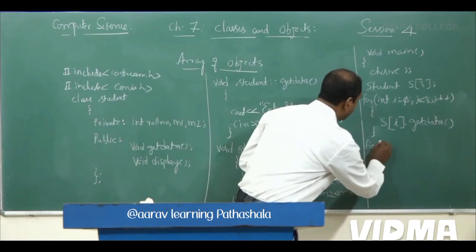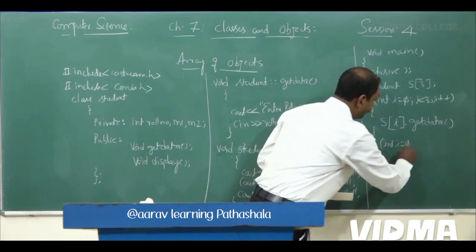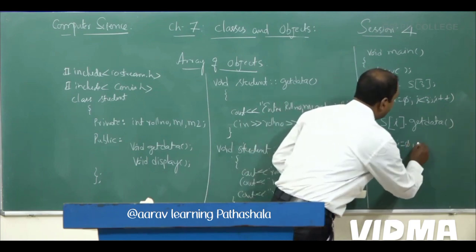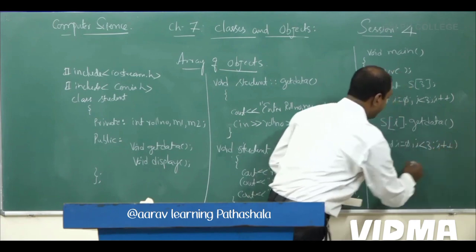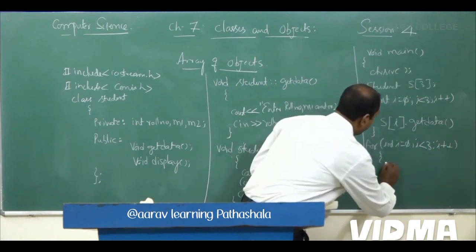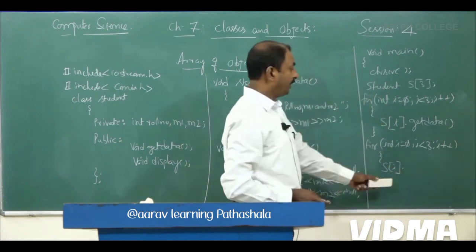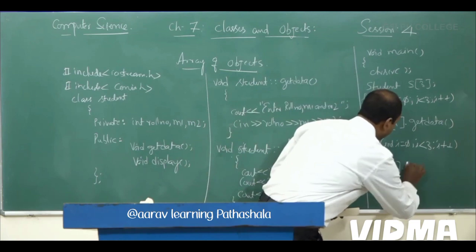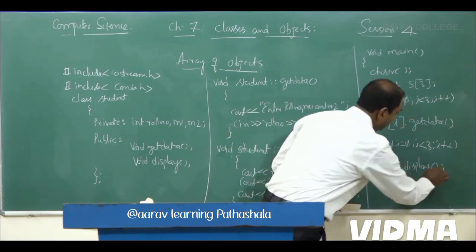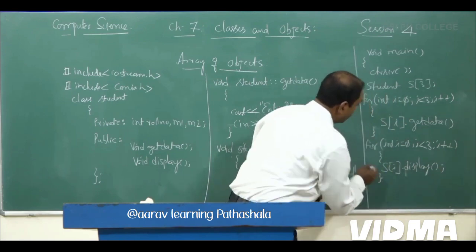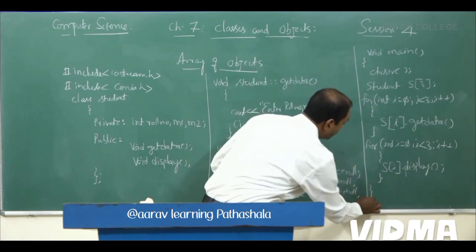So I say for int i equal to 0, i less than 3, i plus plus, and here S of i dot display. Display is the name of a function. Display semicolon. Closing the for loop. After this, I am closing the main function.